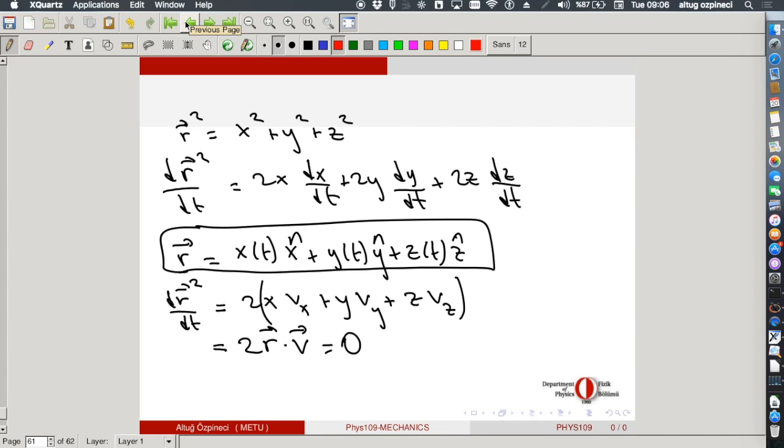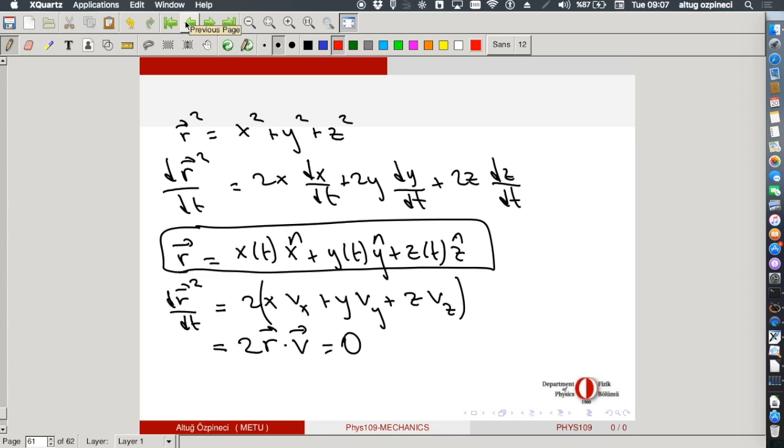And this is how I show it. I choose some x, y, and z directions, and in each one of those directions, I tell you how much I should move to reach your position from the reference point I chose. Now, we are studying circular motion. I just imagine that, okay, let's put the reference point at the center of our circle. Now, my reference point is the center.